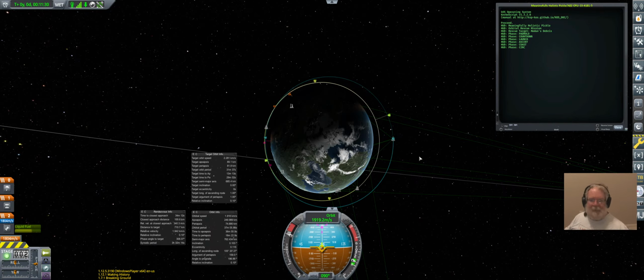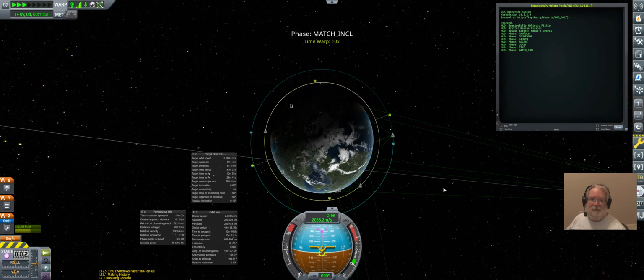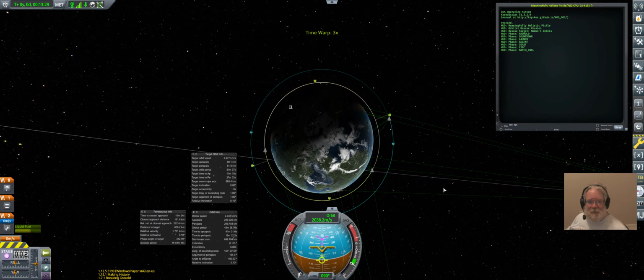Over and over and over again. And it's wherever I am. I don't make an effort to make sure I am circularizing at my apoapsis, because then I would have to do all the burns at zero time. So sometime just before I get there, I start doing this process, and it will give me a circular orbit near wherever I am when I start.